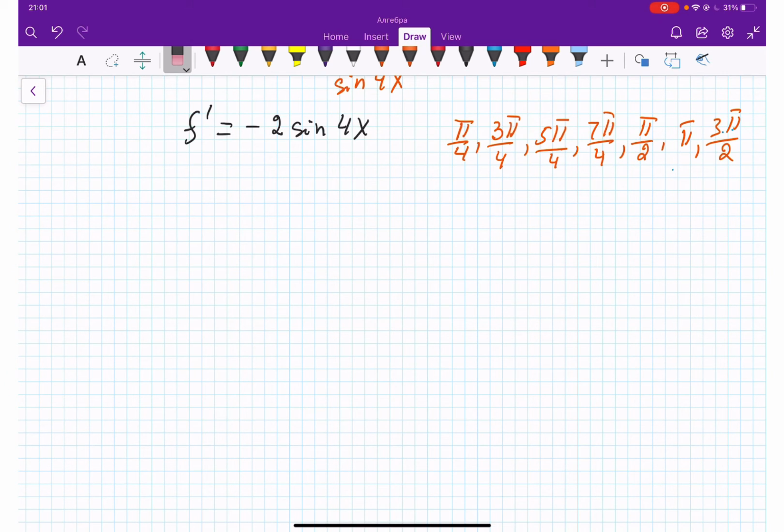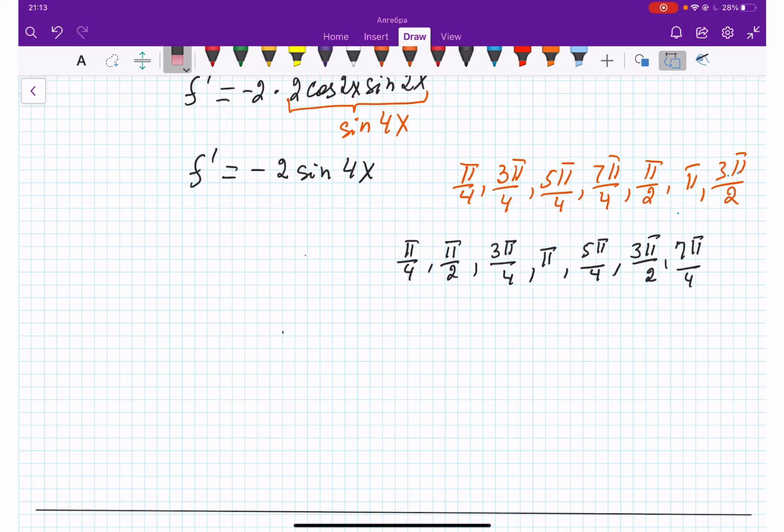So first of all, let's line up these critical points in ascending order so we can build the intervals: pi over 4, pi over 2, 3 pi over 4, pi, 5 pi over 4, 3 pi over 2, 7 pi over 4.